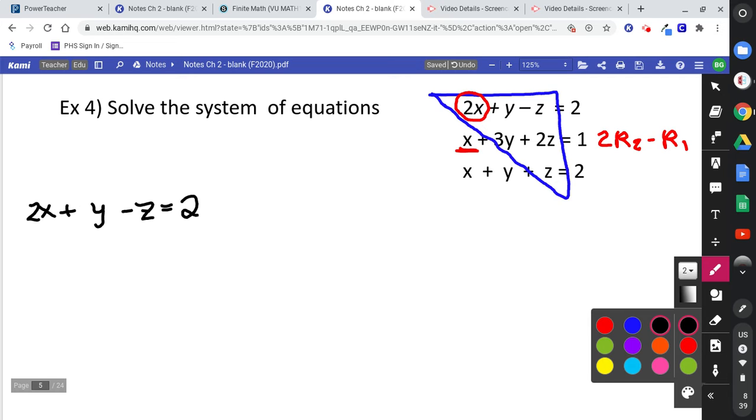Okay. So we're going to go 2 of these is 2x minus this. That'd be 2x minus 2x is 0x. So again, if you want to leave that blank, leave it blank. Okay. Moving on to the y terms. 2 of the row 2 numbers is going to be 6y minus this row 1 number. That's going to be 6y minus y is plus 5y.